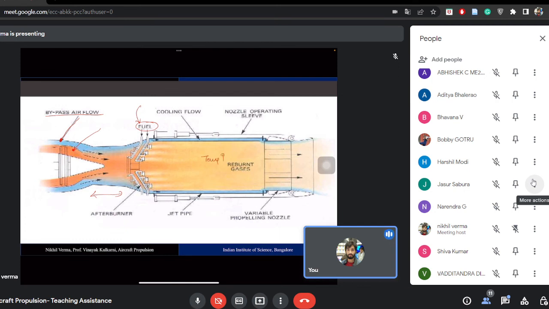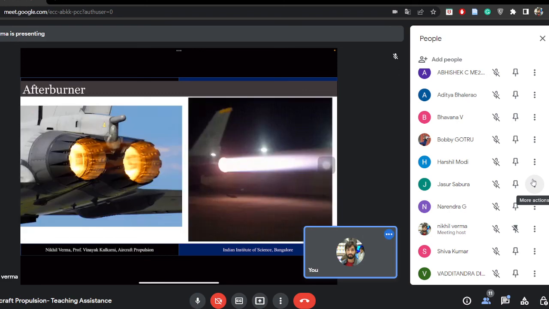Then you have the variable area nozzle, where you can control the area ratio. You can change the area of the nozzle, and you can control the thrust. So this is how the afterburner works.